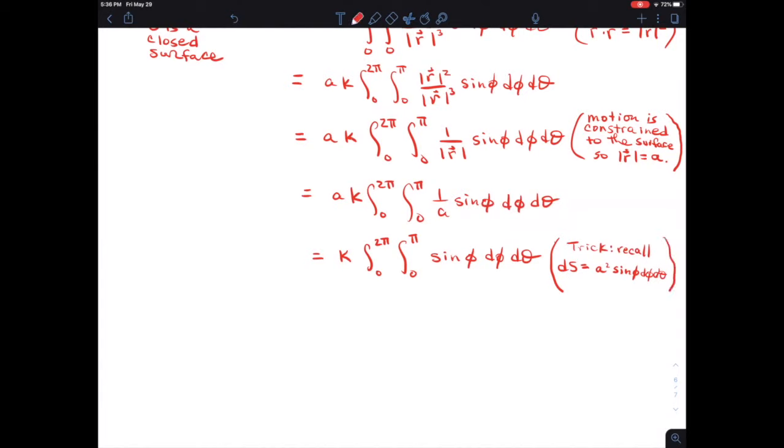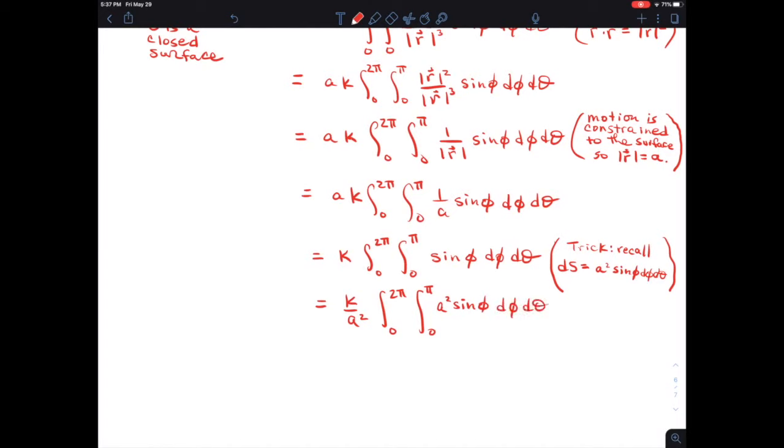And so what I want to do is make this look like a ds. So I'm going to do a k over a squared, like that. And then this is integral 0 to 2 pi, integral 0 to pi, and then you're going to have an a square sine phi d theta.